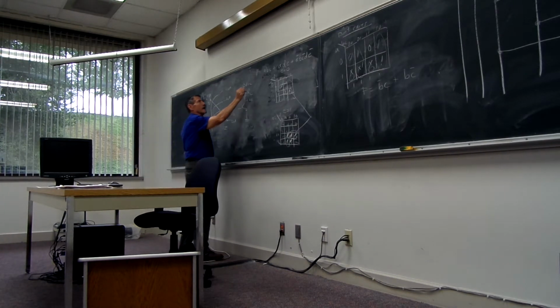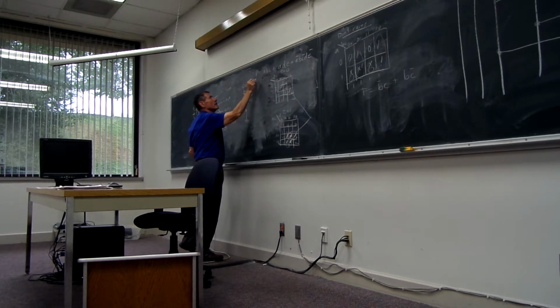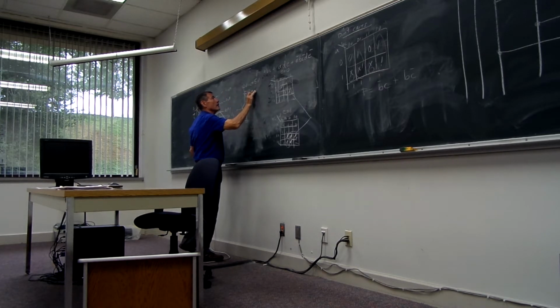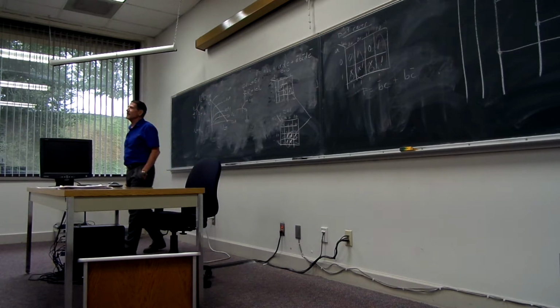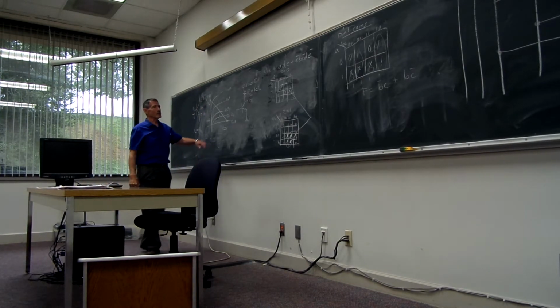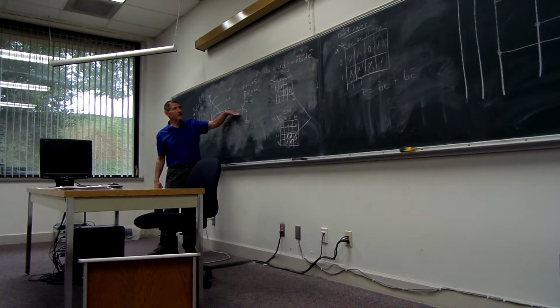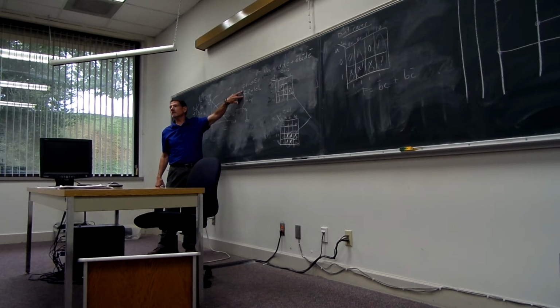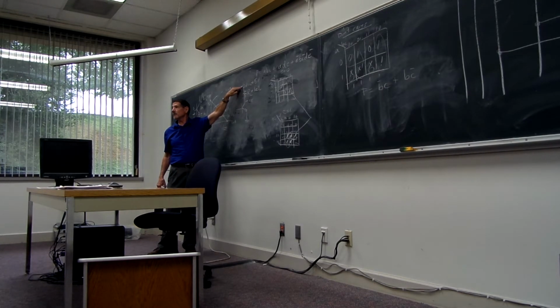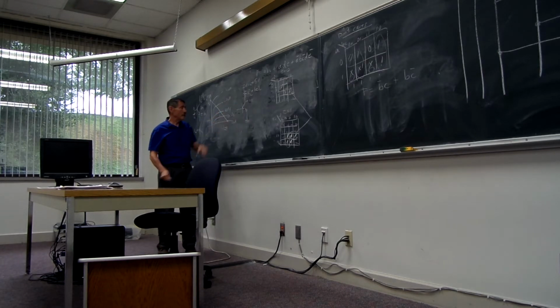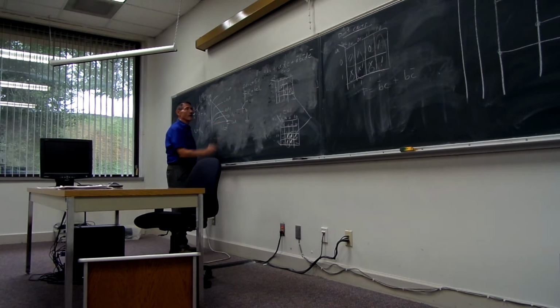If I told you that this was 5 volts and that RC was 1 k ohm, what is the maximum collector-to-emitter voltage? I'm not putting any current into the base, so can there be any collector current? No. If there's no collector current, is there any voltage drop across the collector resistor? No. So where do all the 5 volts have to be? Across this guy here. So that would be that point.